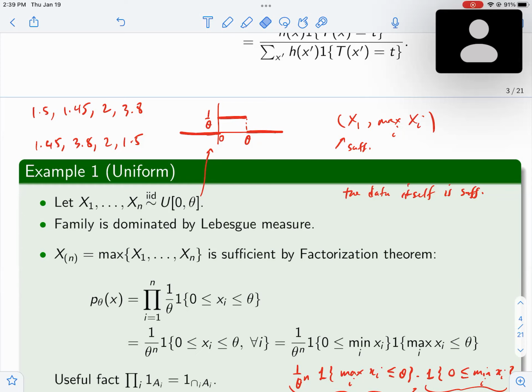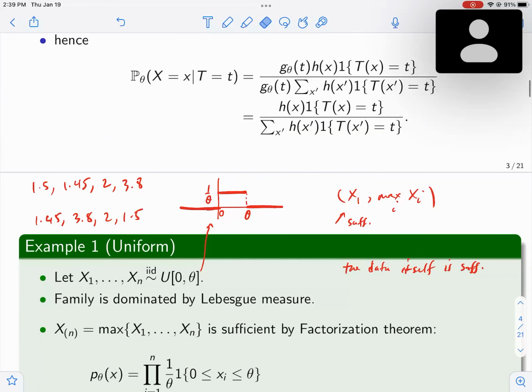It could still be an n-dimensional vector but have less information than the original one. For example, the order statistic is still n numbers you're storing, but there is a loss of information, since there's no order. And that loss of information is okay for us.